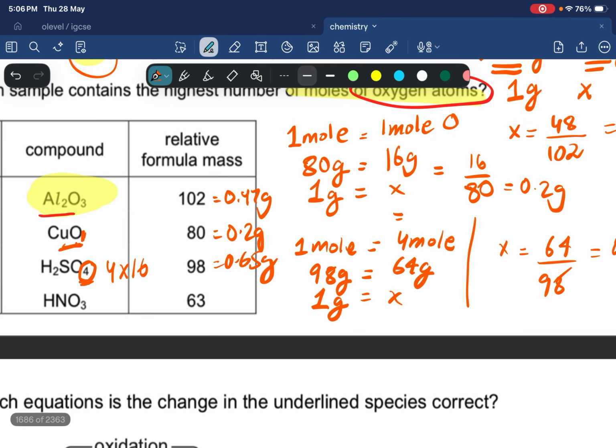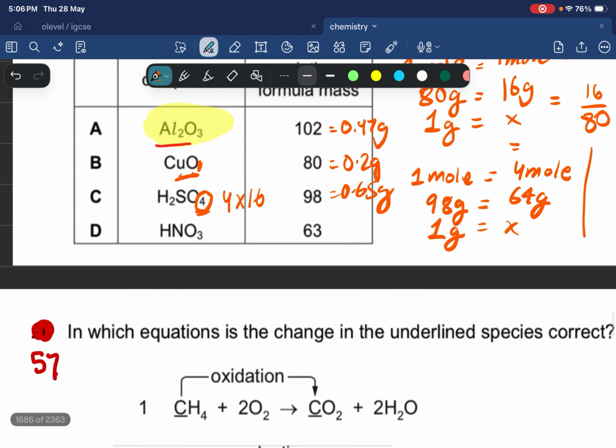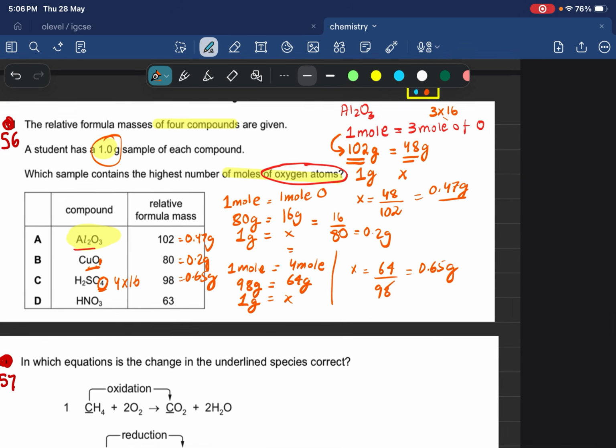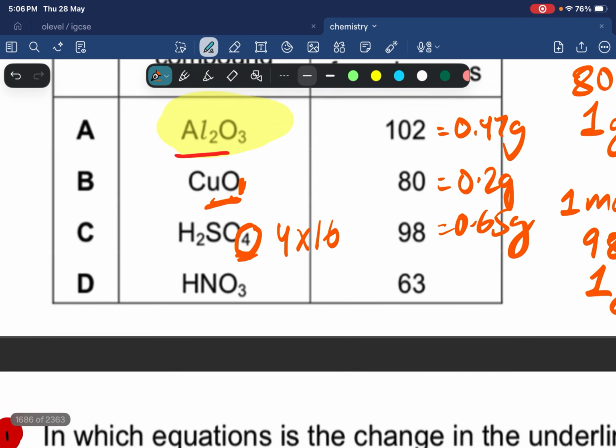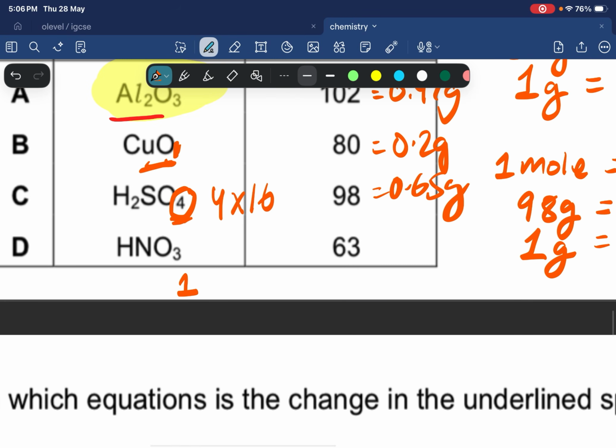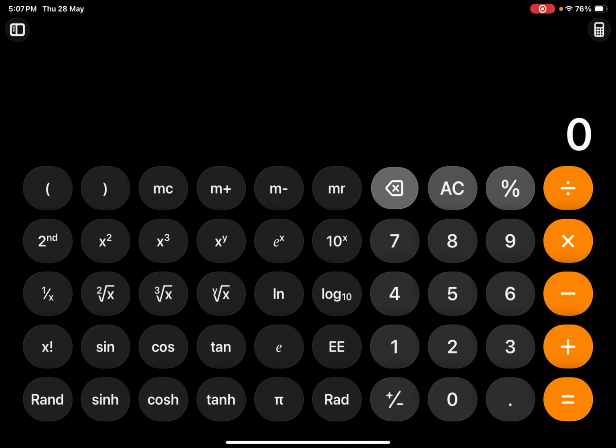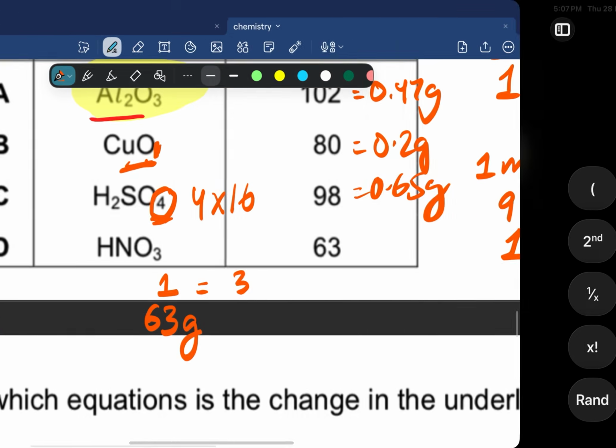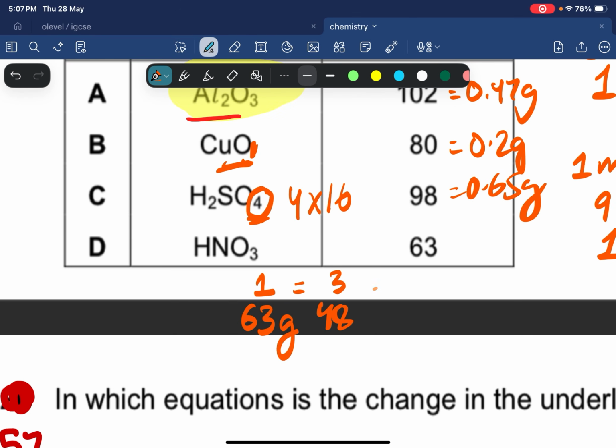Next, HNO3. I know that 1 mole of HNO3 will have 3 moles of oxygen atoms. So if I have 63 grams of this, I'm going to have 3 times 16, 48 grams of oxygen. So if I have 1 gram of this, I'm going to have X grams of oxygen.